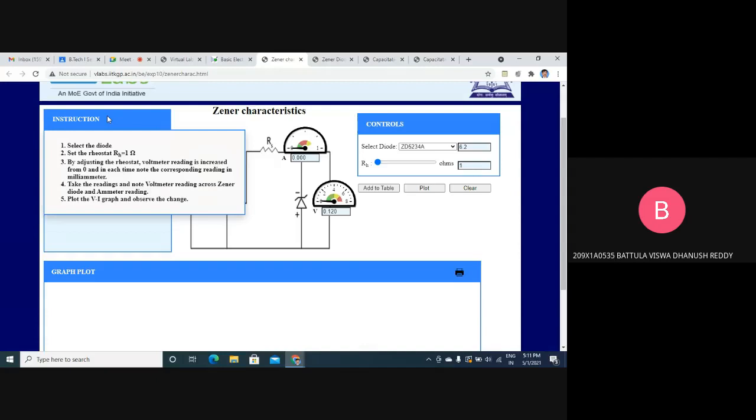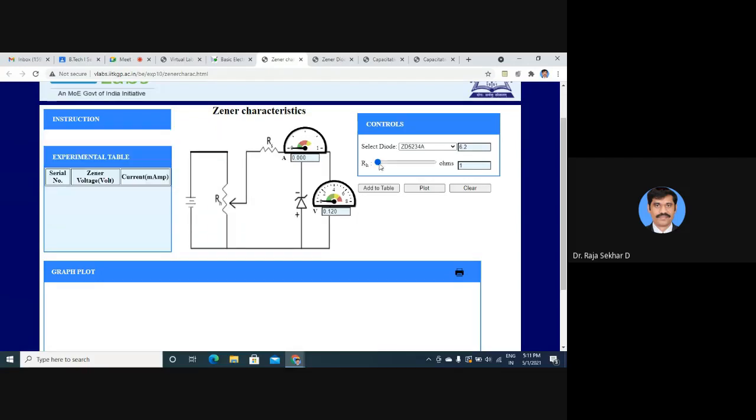Note the corresponding readings in the milliammeter. Take the readings and note down the voltmeter reading at the Zener diode and the ammeter readings. Plot VI graphs.